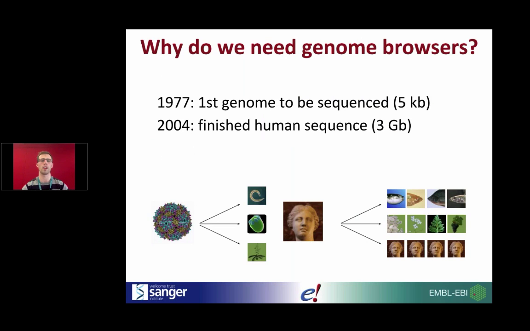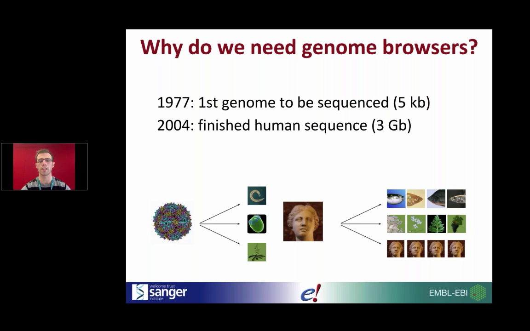So I want to start by giving you a quick background to Ensembl and genome browsers. I'm sure many of you know that Ensembl is a genome browser, and it was first conceived of in the late 1990s, just prior to the publication of the first human genome. But the first genome actually to be sequenced was in 1977 by Fred Sanger and his team here in Cambridge in the United Kingdom.